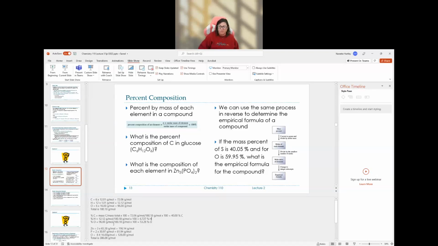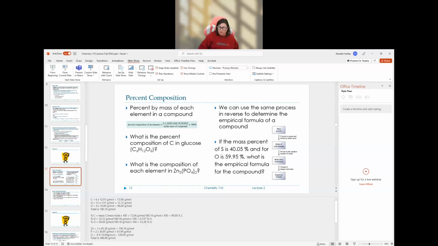What is the composition of each element of Zn3(PO4)2? Zn is 3 of them times 65.38 grams per mole equals 196.14 grams per mole. The 2 phosphorus, because we distribute the 2, is 2 times 30.97, which gives me 61.94 grams per mole.